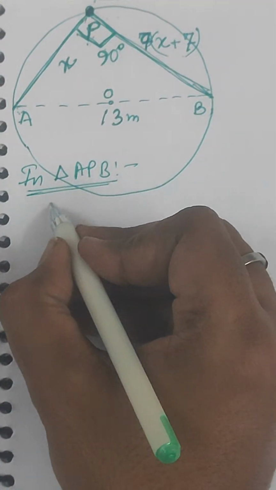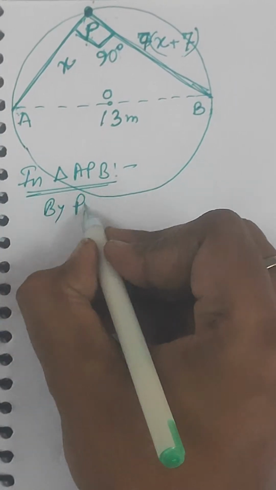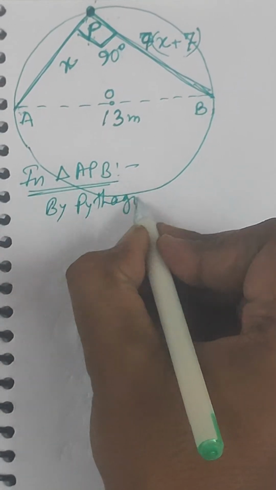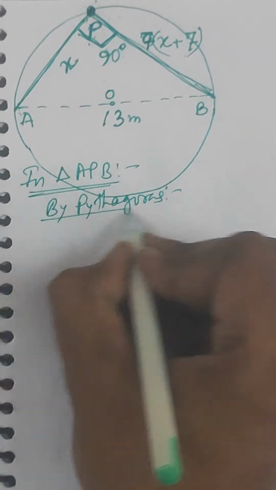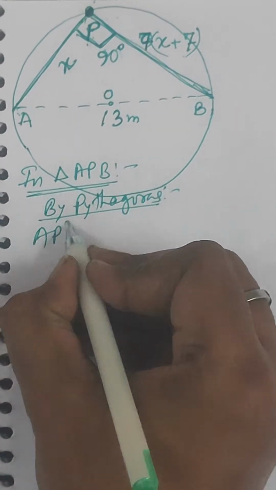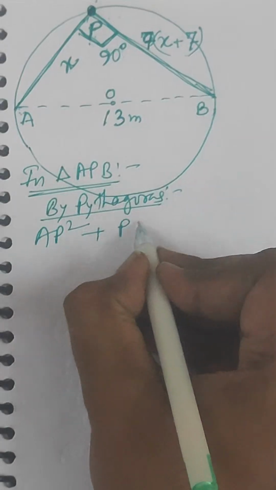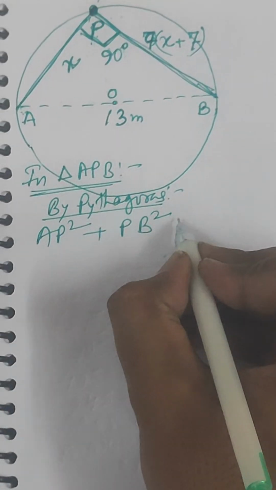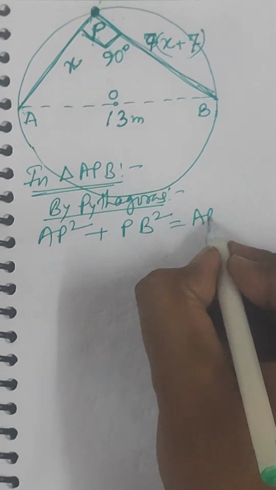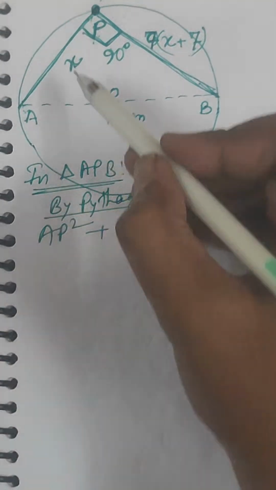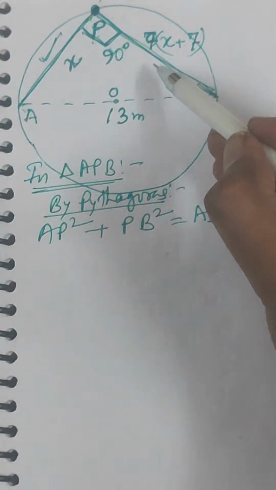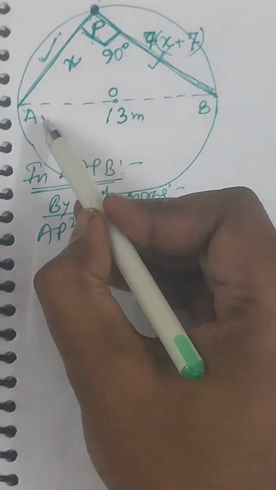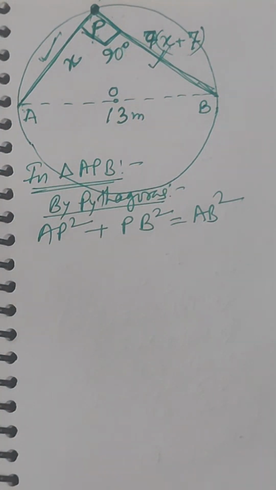So apply Pythagoras. By Pythagoras we can say that AP square plus PB square is equal to AB square. This AP square plus PB square is equal to AB square.